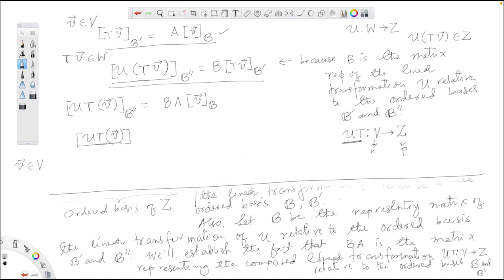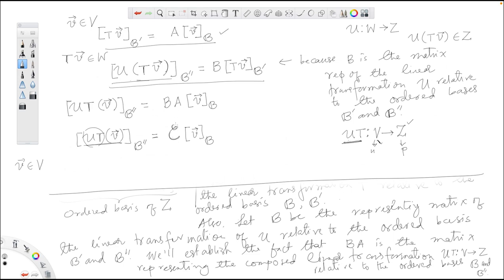if we consider this vector in this vector space Z, and write the coordinate matrix of that vector relative to the basis B double prime, that is surely written as the matrix representing this linear transformation times the coordinate matrix of v relative to the ordered basis B, right?